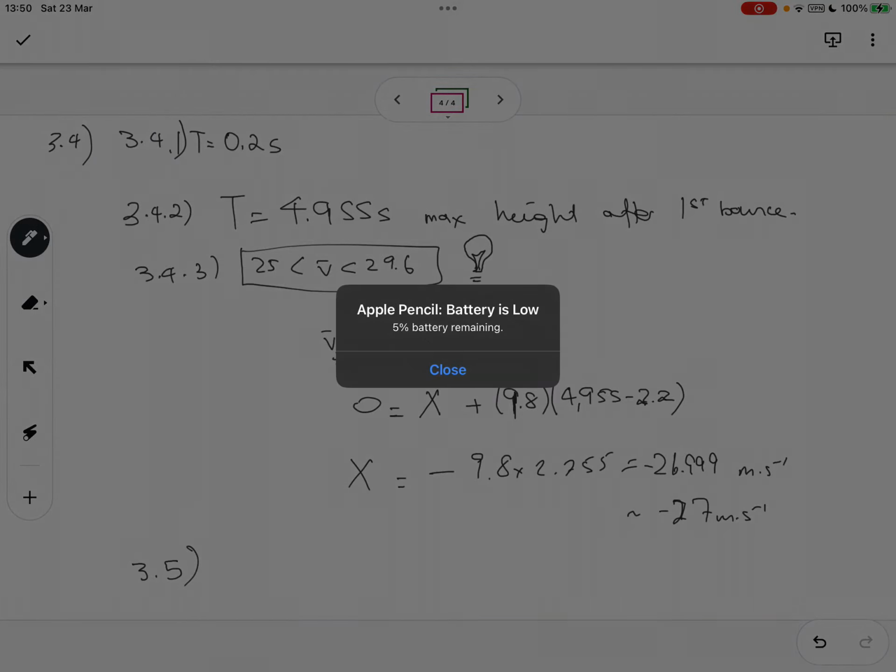No. Momentum is conserved in both cases. So momentum is conserved for both an elastic and an inelastic collision. But the kinetic energy for an elastic collision is conserved, whereas the kinetic energy for an inelastic collision is not conserved.